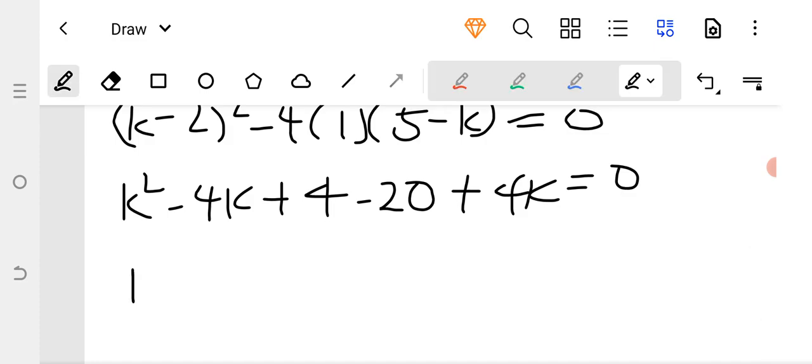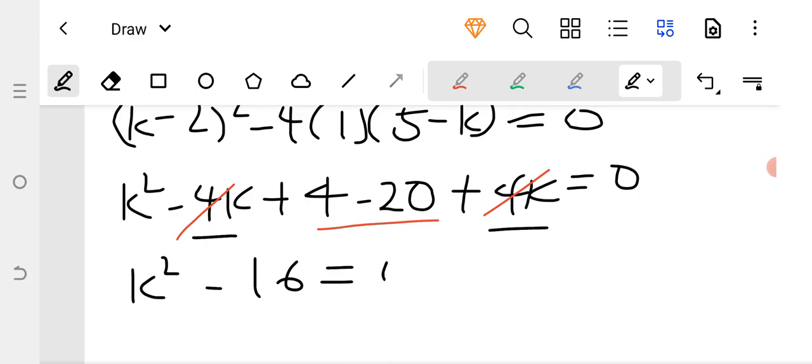Well, we're going to have k squared like that. You've grouped the like terms together. You have minus 4k there, then you have 4k there. You can see that these cancel out. Then if you simplify, what are you going to have? You're going to have negative 16 is equal to 0.